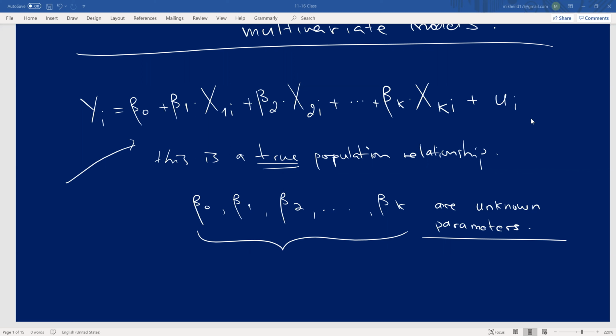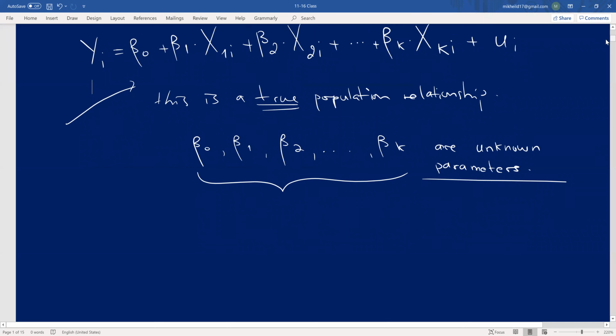First of all, let's recall the true population line. So the true line is what?